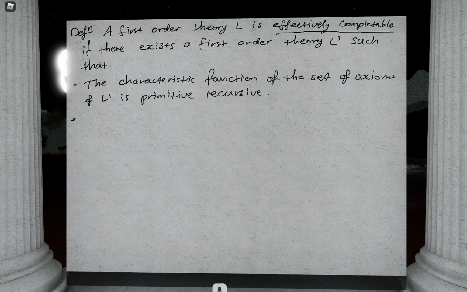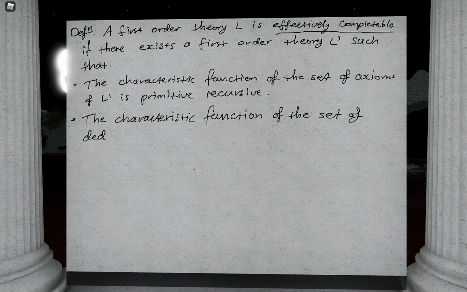Okay, and we ask this of the deduction rules as well, the set of deduction rules. Another way to make it line up with the definition of primitive recursive properly is to replace set of with set of Gödel encodings of.